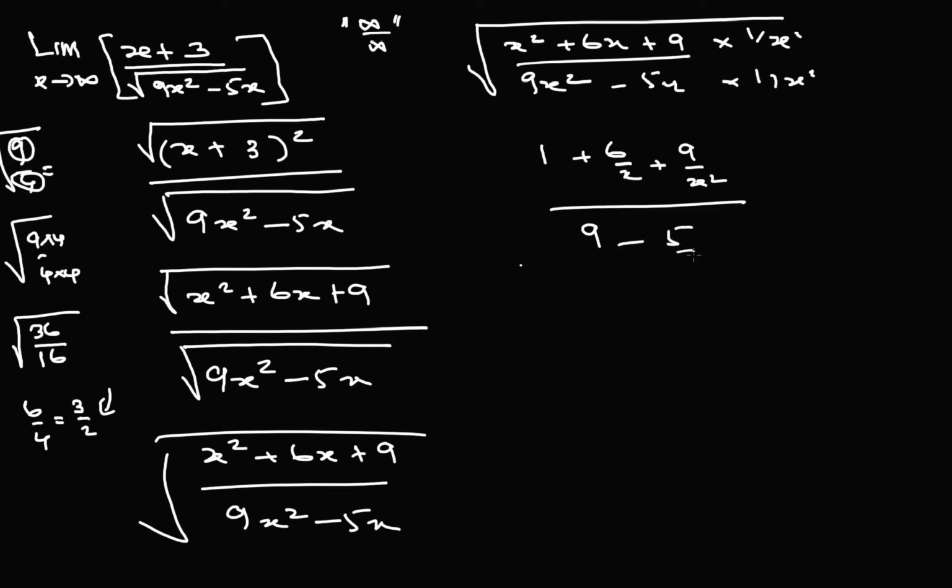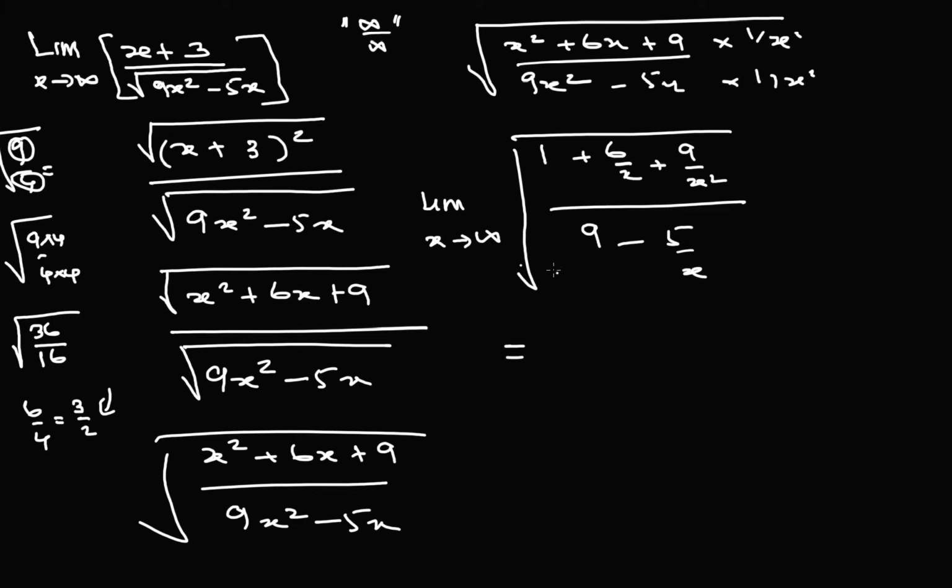Then we'll have 5 over x, but all under a radical sign. So now we can bring our notation here and say it's like this.